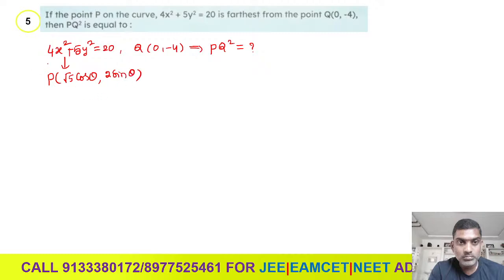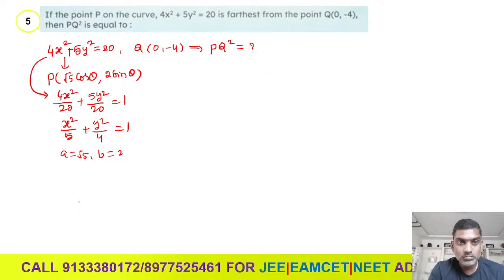Parametric form, because this equation is nothing but 4x square divided by 20 plus 5y square divided by 20 is equal to 1. Then x square divided by 5 plus y square by 4 equal to 1. a is equal to square root of 5, b is equal to 2. So this is the parametric form, a cos theta comma b sin theta.